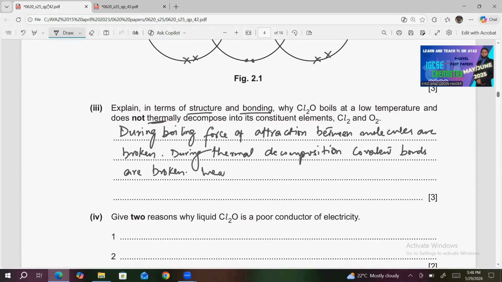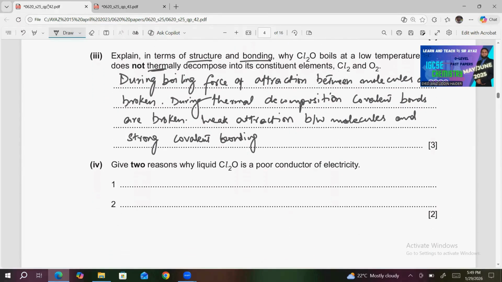Weak attraction between molecules and strong covalent bonding. That's why it does not thermally decompose into its constituent elements, due to this strong covalent bonding.